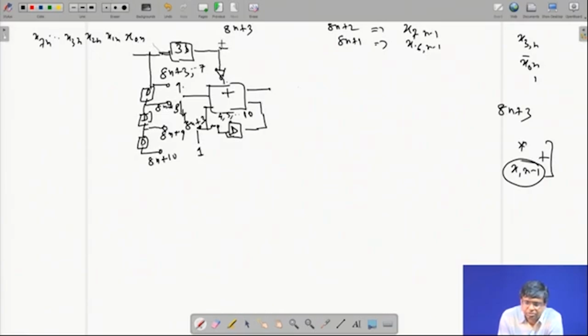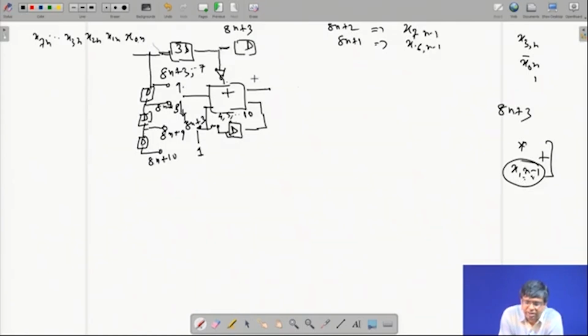Alright. So I am standing at 8n plus 3. At that time I have to add this with this guy. But I am getting x7 n minus 1 at 8n plus 2.